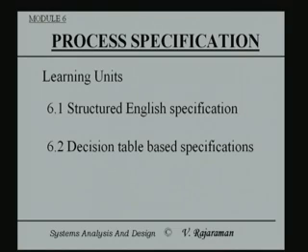And so, this module is now over, and I will start with the next module, which is on process specification. The process specification is primarily what goes into each of those circles in the DFD. Each of the circles is actually a process. So, how do we clearly enunciate the specification?